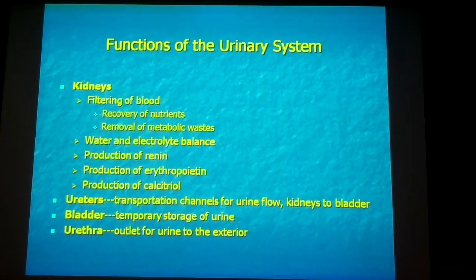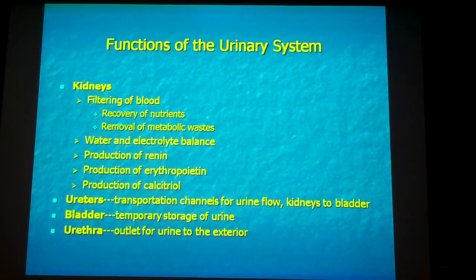Okay, so in this sense of the kidneys filtering blood, it's a different kind of filtering. Because the blood it's filtering, all the blood cells still stay in the blood. So it's filtering basically the plasma portion of blood. That's what it's doing.